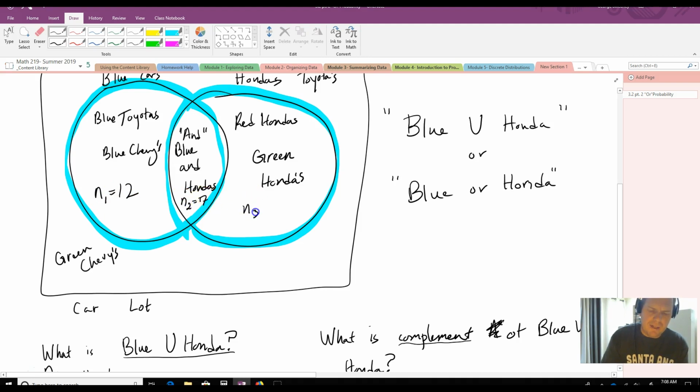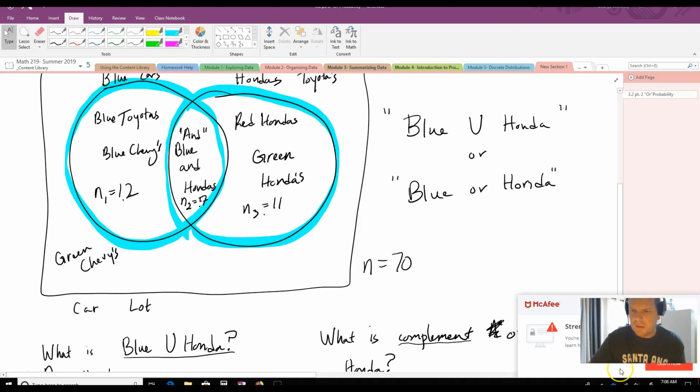And then N3, the ones that are Hondas, but they're not blue, when we keep them separate, that's going to equal 11. So what we do is we'll add up all three of those. So 12 plus 7 plus 11, that's 30. And if you remember, we have 70 total. So we have 30 of these blue or Hondas.